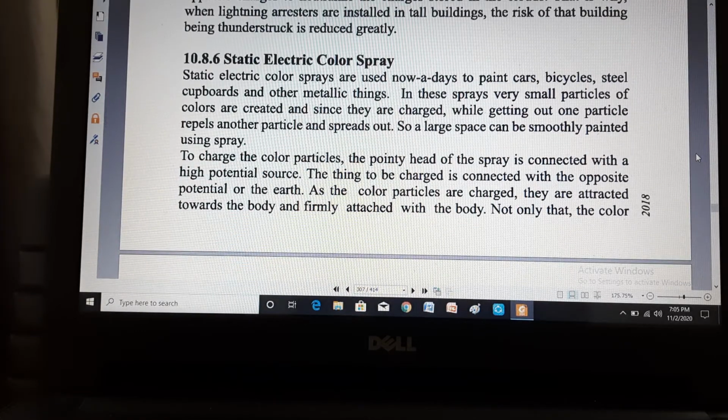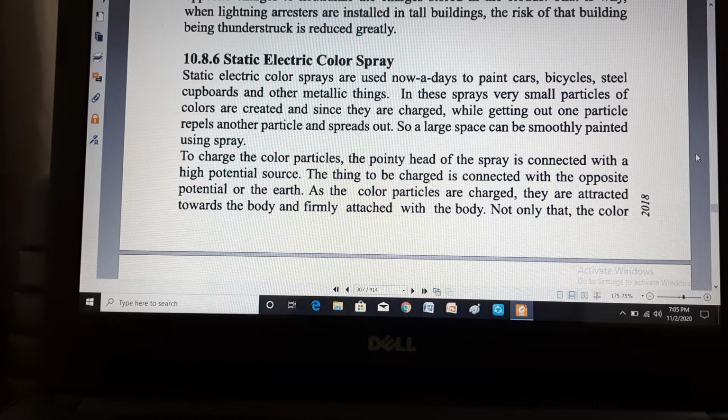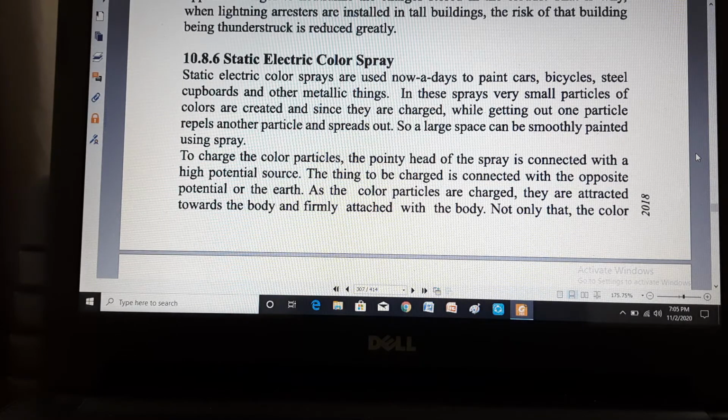Another use of static electricity is the static electric color spray. Static electric color sprays are used nowadays to paint cars, bicycles, steel cupboards, and other metallic things.